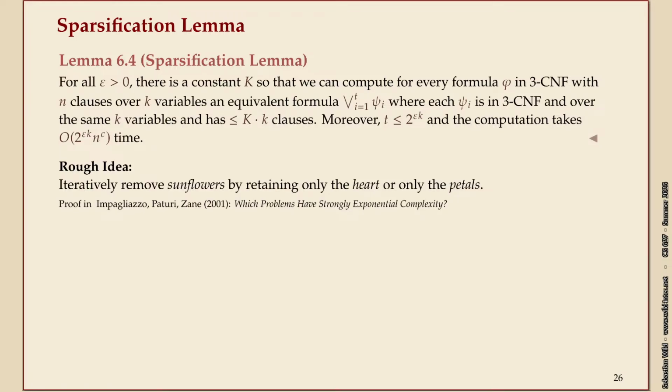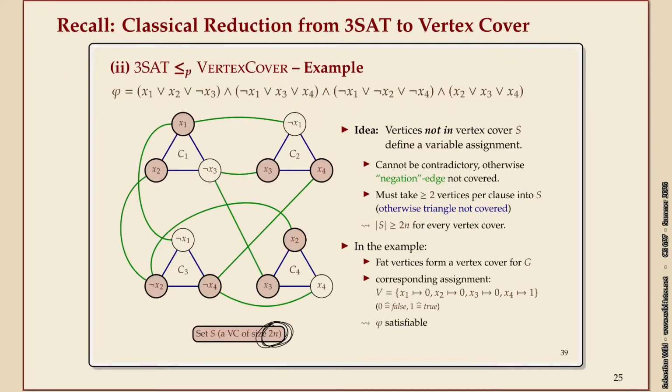So before we can make sense of that, can we say something about the number of variables here? The thing is, it doesn't seem to matter. Even if the formula has very few variables, the reduction wouldn't give you anything different.